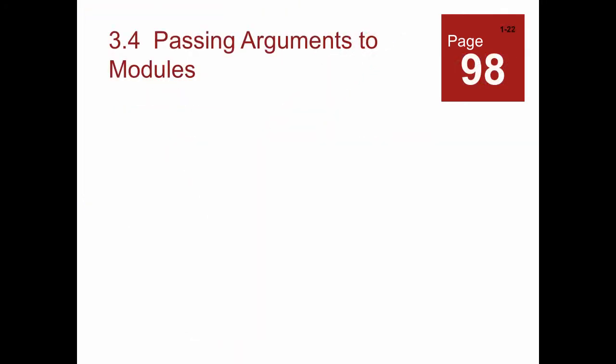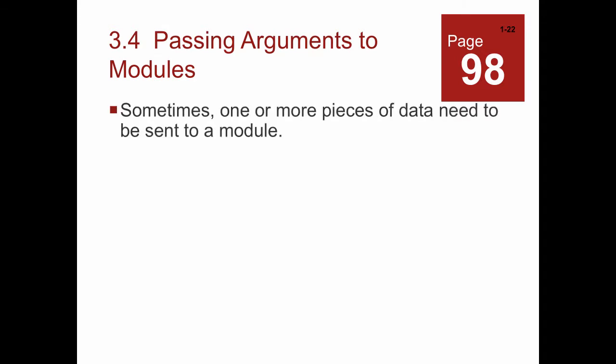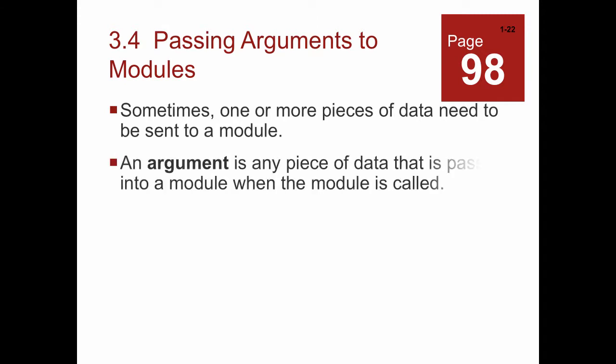So if we've got a main, which is going to call a module, then how do we get the data from the main to the modules? Well, sometimes one or more of the processes needs to have stuff sent to it. Now, there are two words for this. An argument is any piece of data that is passed into a module. So the main would say, we're going to send you this argument.